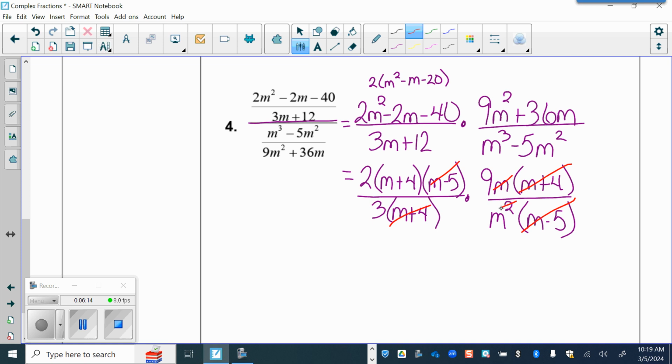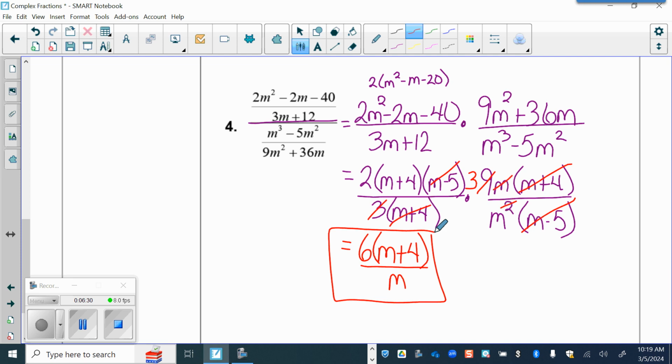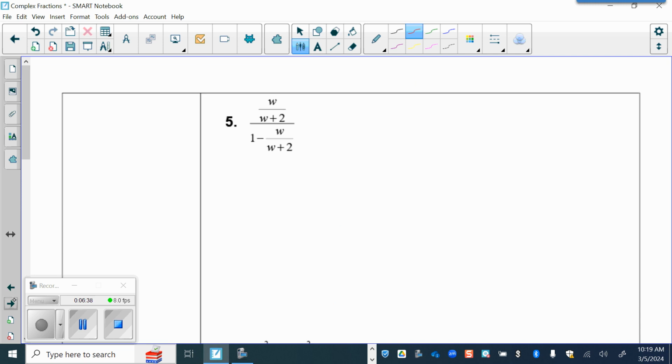That m plus 4 I'm stuck with. 2, I'm, oh, 3. 3 goes into 3 once, 3 goes into 9 3 times. So 2 times 3 is 6. M plus 4, and we are dividing by m. I think it's gorgeous and so much fun to do. Satisfying to eliminate things.